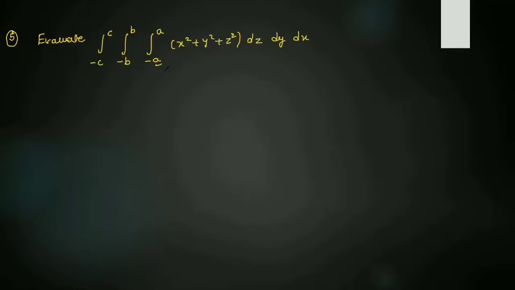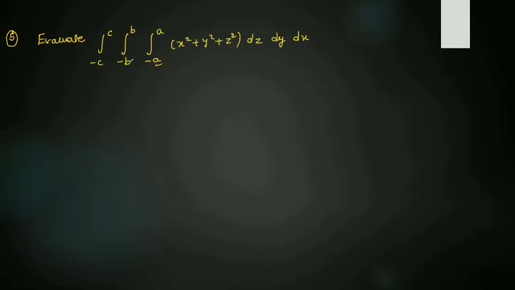Now, what are the variables you will take here? What will be this variable? Z, sir. Z, this one, Y, this one. X. What if we change this order? Dx, dy, dz. Nothing. No change.